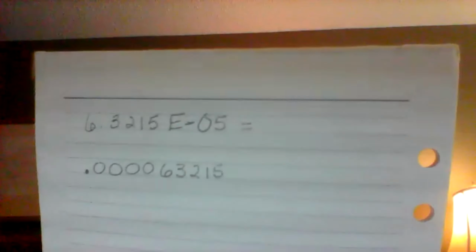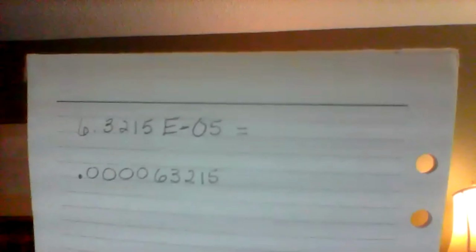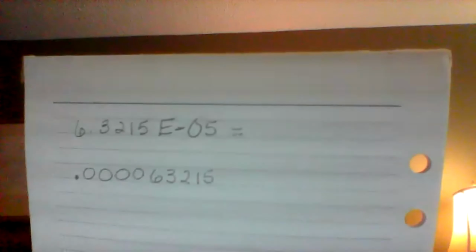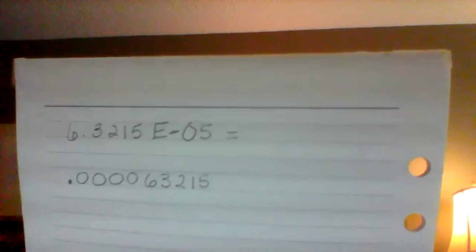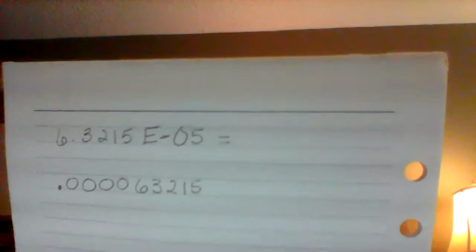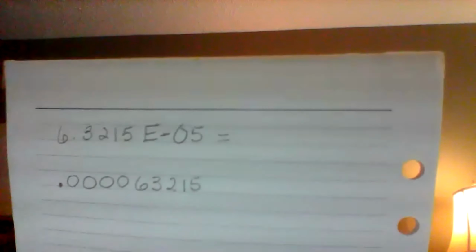That's what that means. And that dash between the E and the 0, that's a negative, like a negative exponent. So what that's standing for is 6.3215 times 10 to the minus 5 power. And that is the same as 0.000062315.